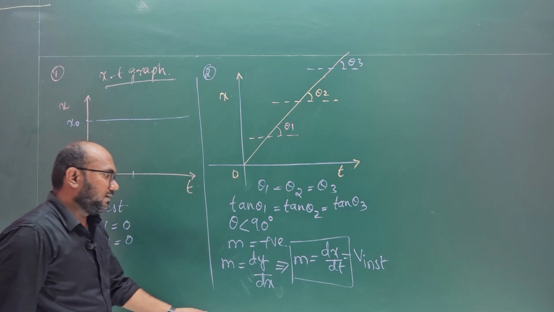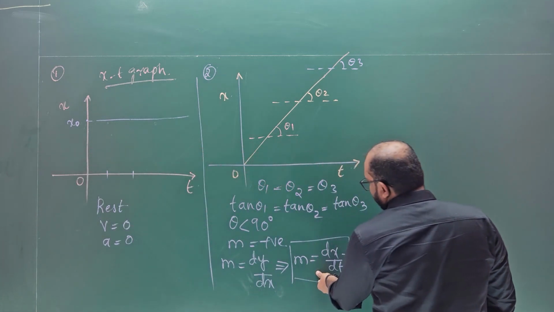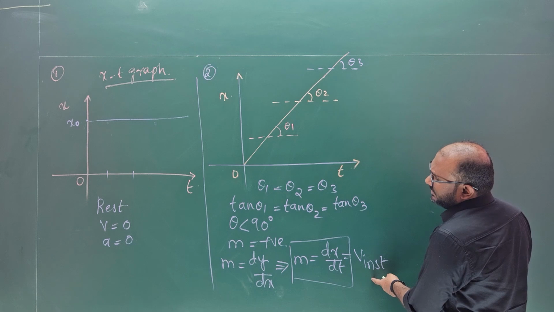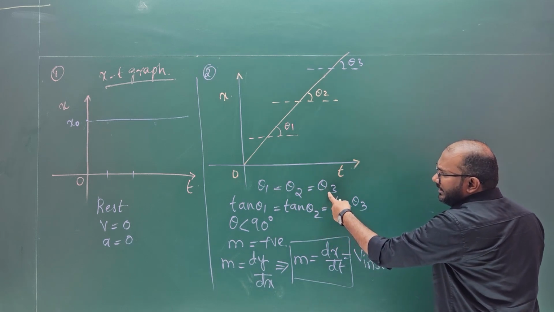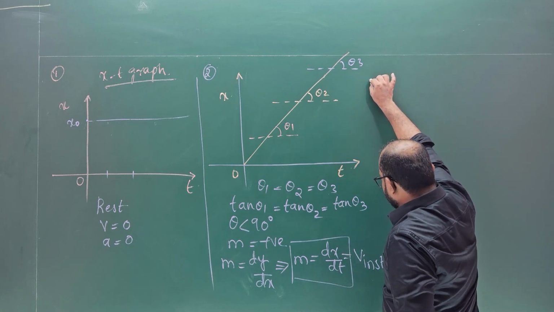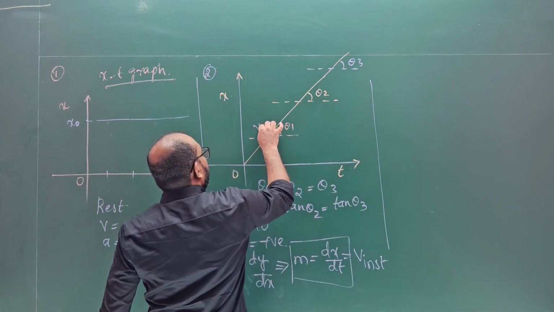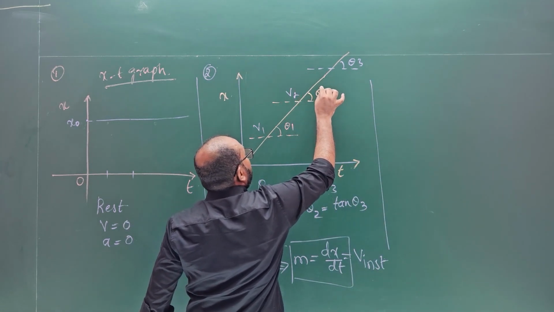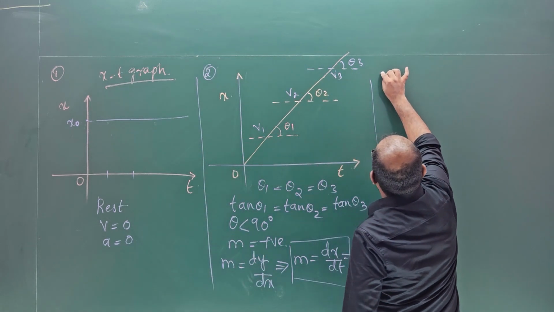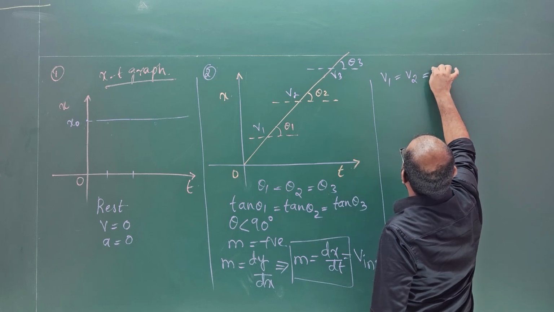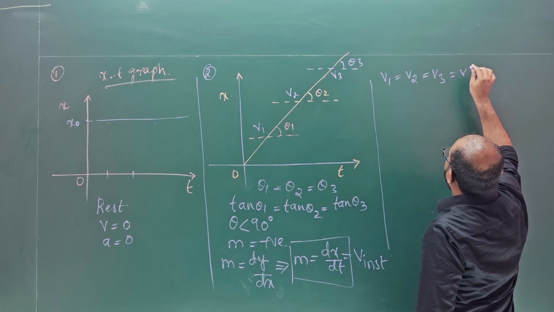If this is the instantaneous velocity and we are saying that theta 1 is equal to theta 2 and theta 2 is also equal to theta 3, that means, can I say that at this point, let's say v1 is the velocity at this point, v2 at this point, and v3 is the velocity at the third point. So can I say that v1 is equal to v2 is also equal to v3, which all are equal?